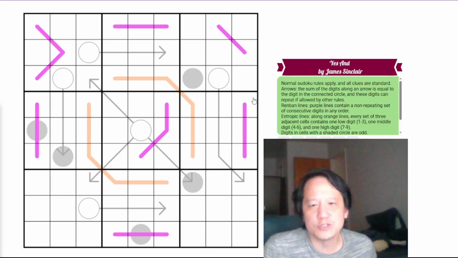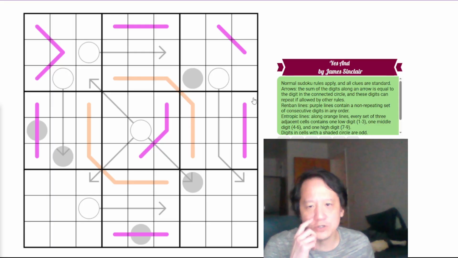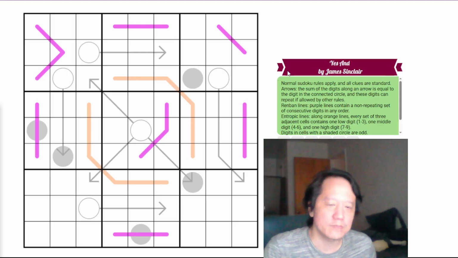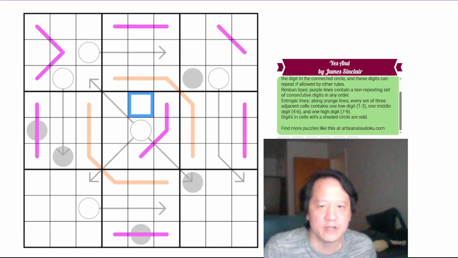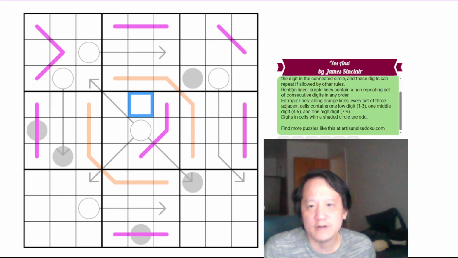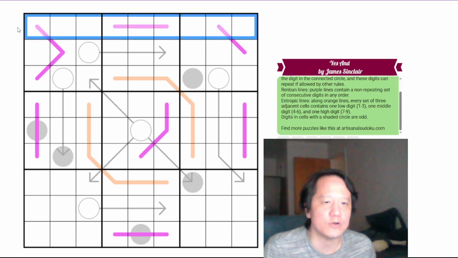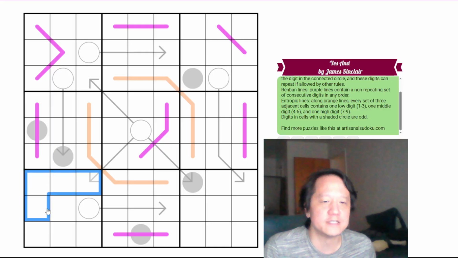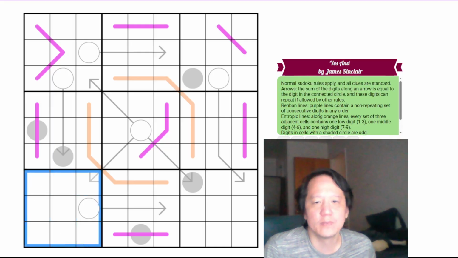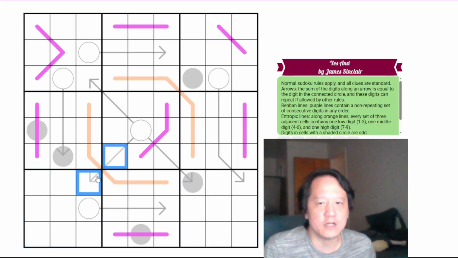We have normal Sudoku rules apply, and all clues are standard. So we have normal Sudoku rules, which means in every cell in the grid, place a single digit from 1 through 9 such that there are no repeats in any row, column, or designated 9-cell region. We have arrows, where the sum of the digits along an arrow is equal to the digit in the connected circle.